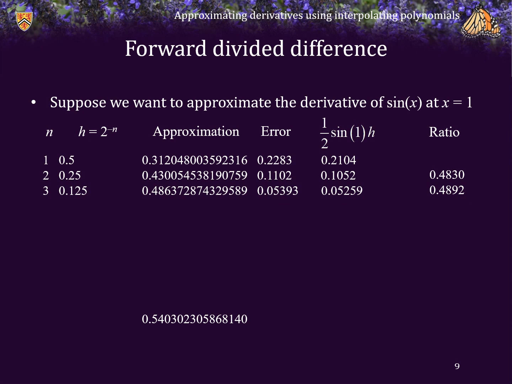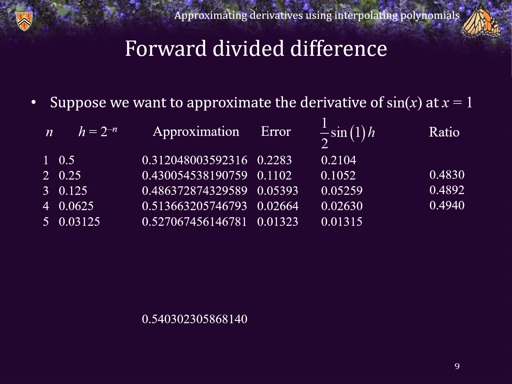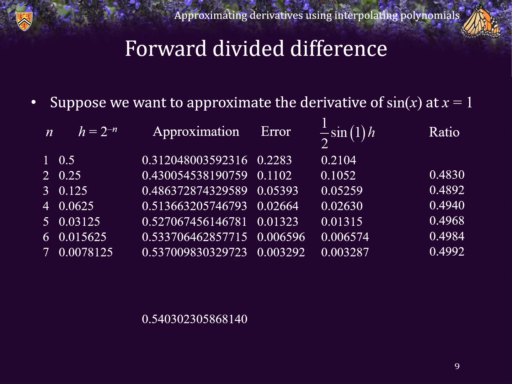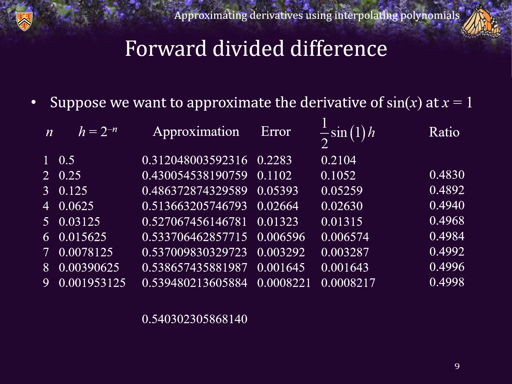So now it's even closer to being half the error. With the next one, once again, better approximation. And again, the error has dropped by even closer to being a factor of 2. A better approximation, and the error is again dropped by half. We carry on and note that with each step, the error is dropped by a factor of 2.